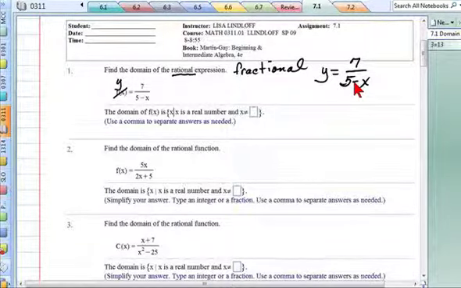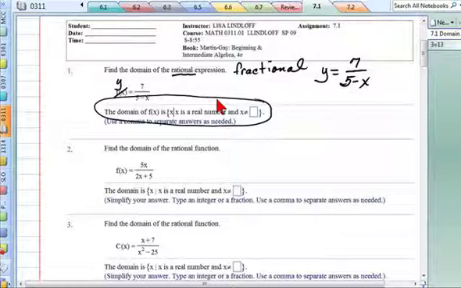And where can 0 not be in a fraction? The denominator. Okay, there is a rule that says you cannot divide by 0. 0 cannot be in the denominator. So what we're going to do to figure out the domain is I'm going to start out and I'm going to say, can you see this sentence right here?